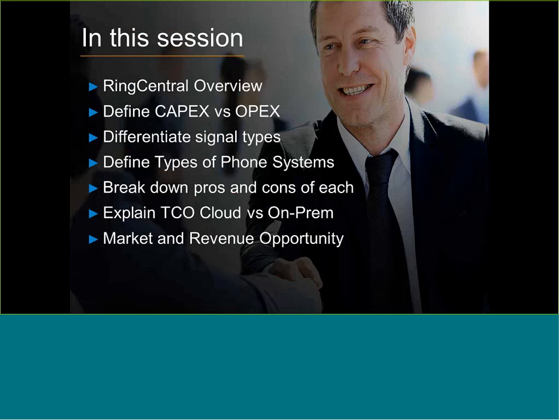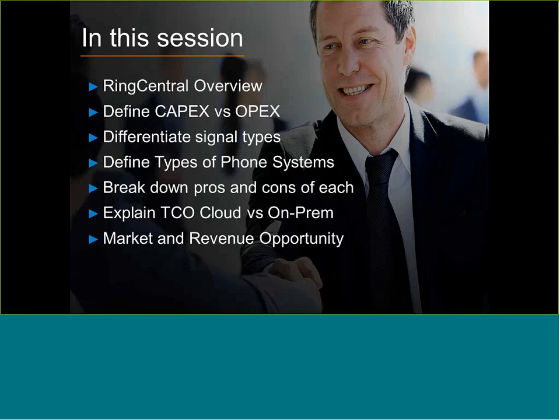So the main things we'll cover is this RingCentral overview. Very important if you're going to partner with a company that you feel comfortable and know that you're staying behind the industry-leading provider. We're also going to look at one of the biggest drivers of the growth RingCentral is seeing right now, which is how a lot of SMB and mid-market customers choose this more OpEx model compared to the CapEx model in the past.